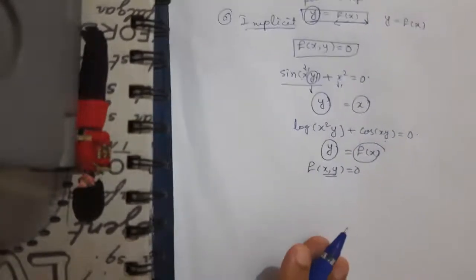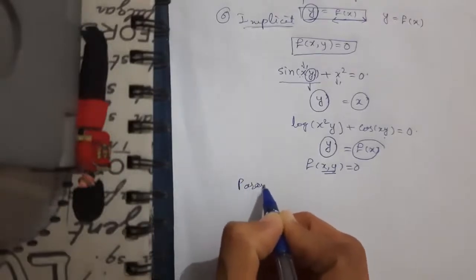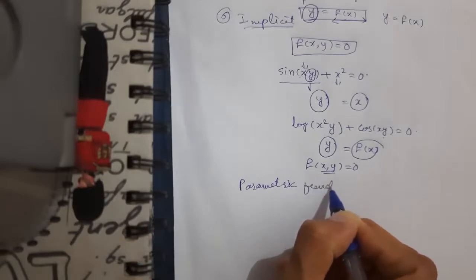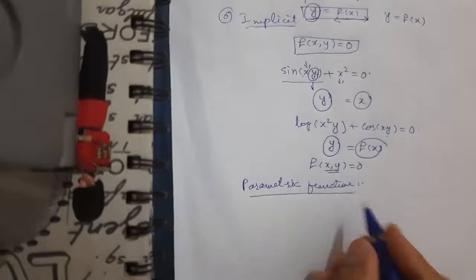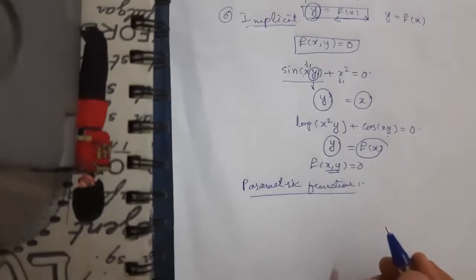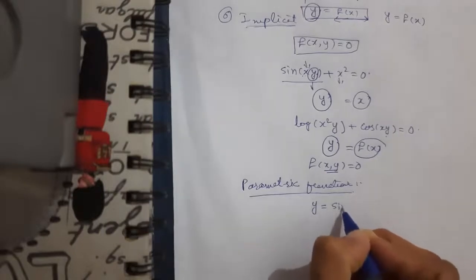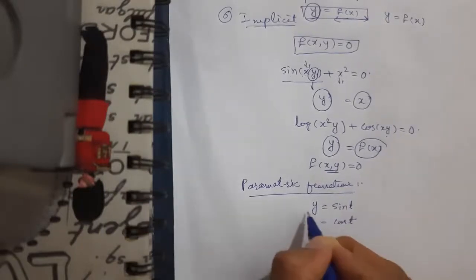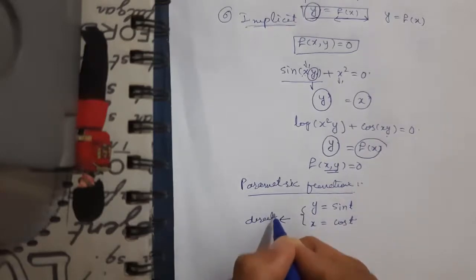Now the next term is the parametric function. In a parametric function, x and y are not directly related. For example, I have an equation y equals sin t and x equals cos t. So x and y are not directly connected.